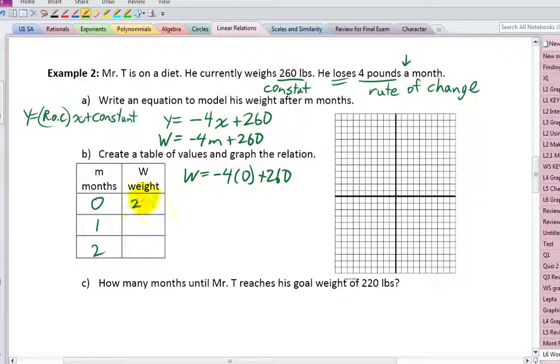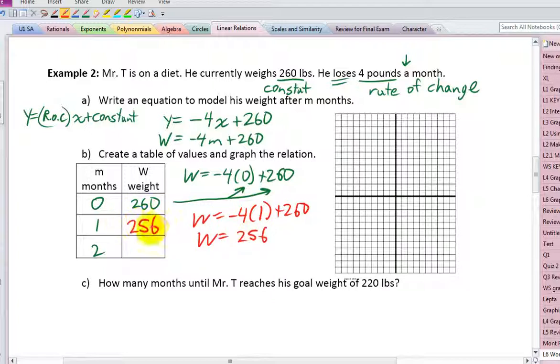Notice it says starting weight. It's the constant. That's really important to see that at m equals 0, w is 260. Good. Next one then. W equals -4 times 1 plus 260. So W is 256. Then you can also just apply your rate of change, right? The -4.